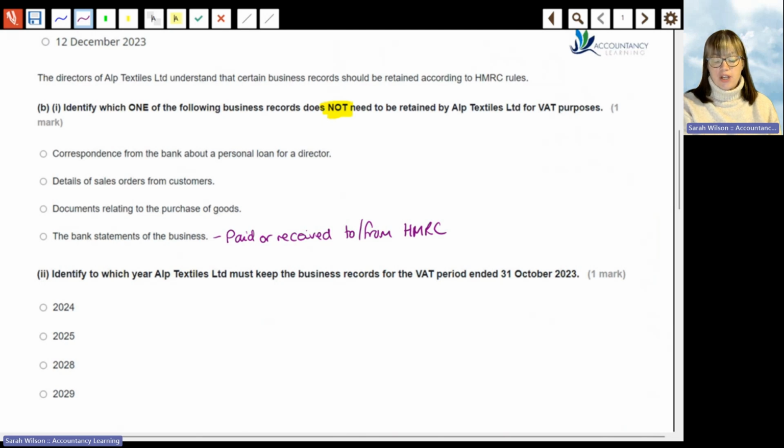Documents related to the purchase of goods: this is going to be all about our input tax, so this is going to have the tax that we're claiming back from HMRC. Sales orders: this is about our output tax, so we're going to have to keep them. The one that we don't need to keep is the correspondence from the bank about a personal loan for a director. That has no implication on VAT.